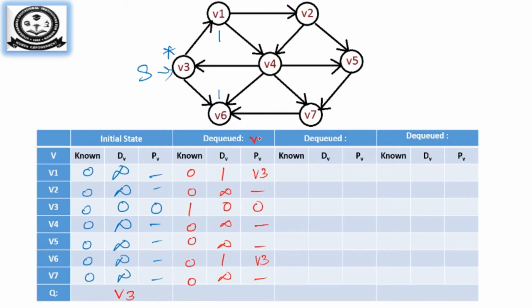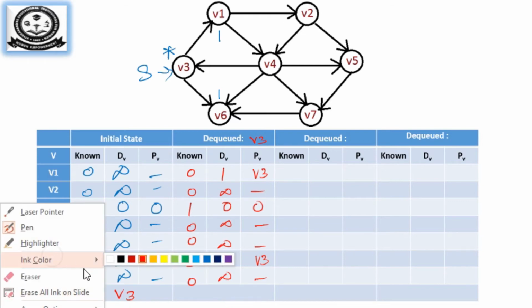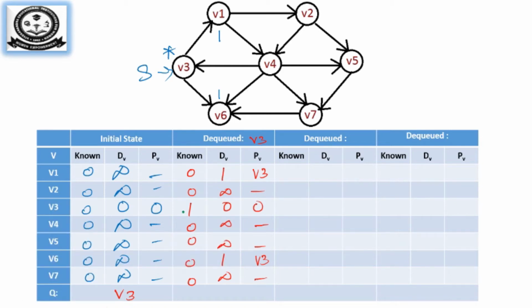So here V3 is DQ. Now we will be finding which vertex has the minimum distance, and choose the vertex which is unvisited and whose distance is minimum. Now in this you can see except V3, all other vertices need to be visited. So here I will put a double circle and star.